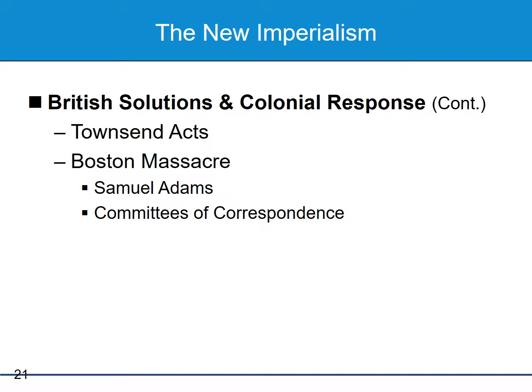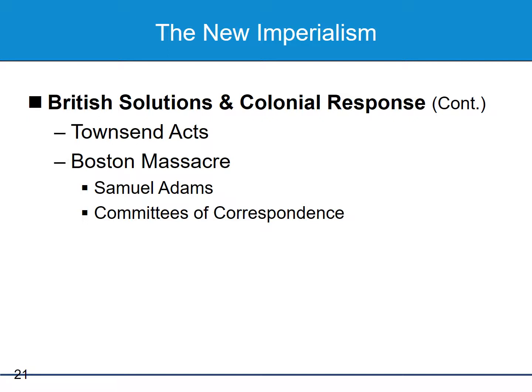Samuel Adams, who was a very strong revolutionary, began to write a lot of anti-British propaganda that began to be published throughout Boston and the rest of Massachusetts. And he established what became known as the Committees of Correspondence. They started out in Boston, but the committees actually spread throughout the colonies, and they became mechanisms of anti-British propaganda and ways for the colonies to join together in criticizing the British and the British actions in the colonies.